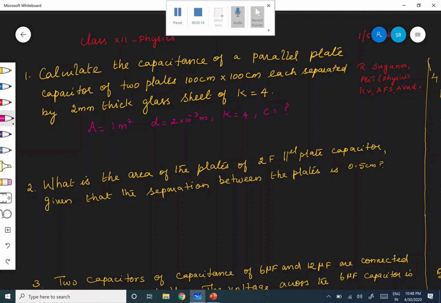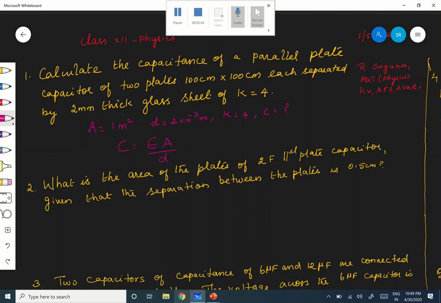Therefore, C is equal to epsilon A by D, because now it is not epsilon naught. For a parallel plate capacitor, C is epsilon A by D. Have you read the topics I have taught before?